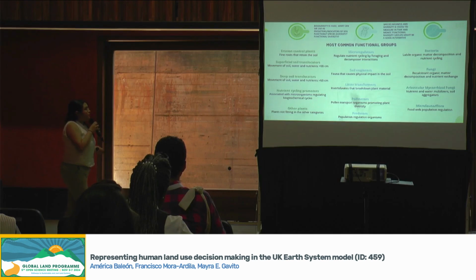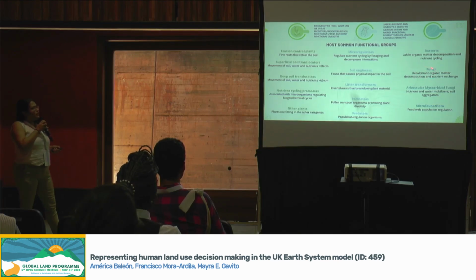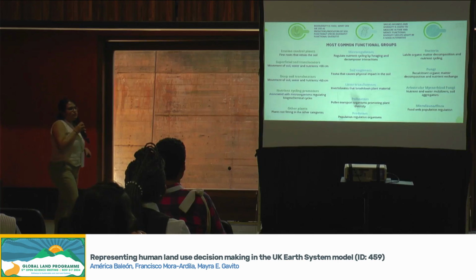And there are also microbiota that can be used and have functional relationships with the soil. So even if these are more taxonomic classifications, bacteria and fungi both are related with the decomposition, but in a different way.